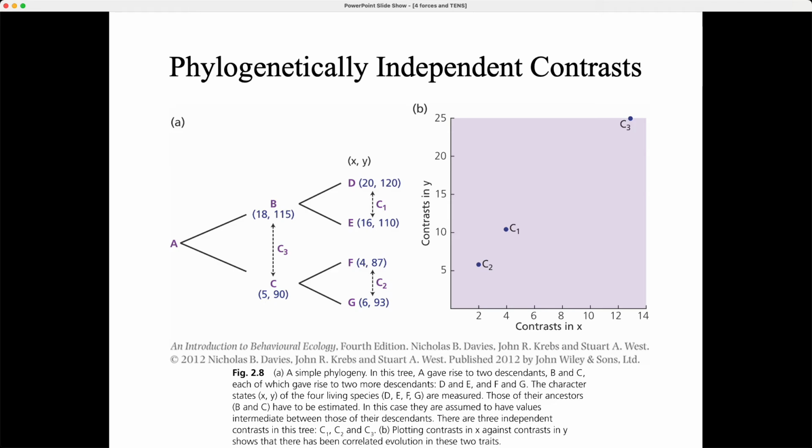So here, we might expect to see similar levels of divergence: 4 to 6, which is 2; 87 to 93, which is 6. Once again, the two seem to be moving in concert with one another. These two groups are separated by a much longer evolutionary history. As a result, you might expect their divergence to be greater.